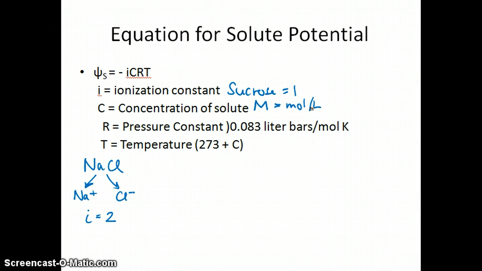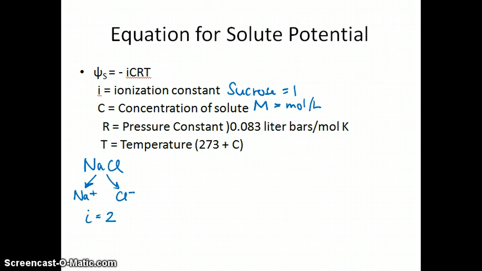And you should start to see how liters might cancel, moles might cancel. And temperature is in kelvins always, so it's 273 plus your degrees Celsius. You can see now how kelvins might cancel out as well.